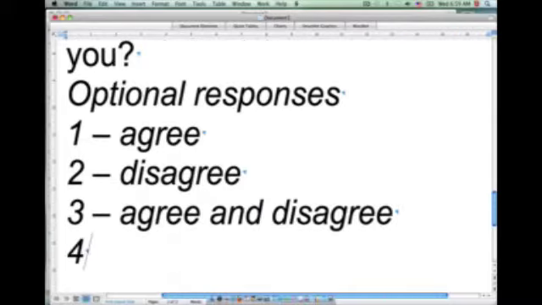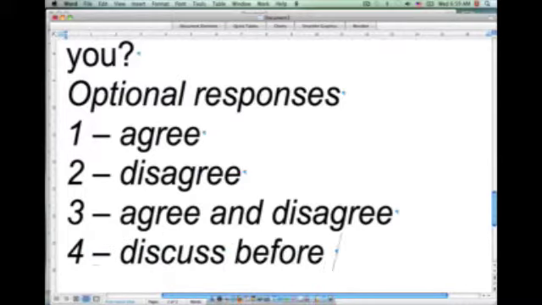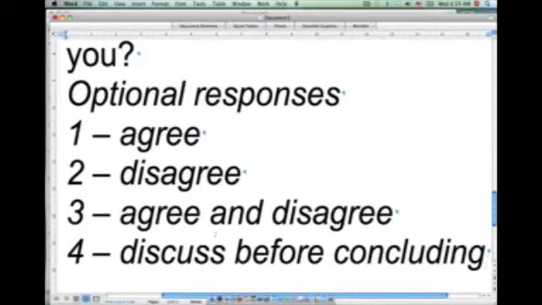The fourth option we have is to discuss both points of view before coming to our own conclusion. Because if you remember, when we write a discussion essay, we still present our point of view as the writer. It's just that we present it at the end of the essay.